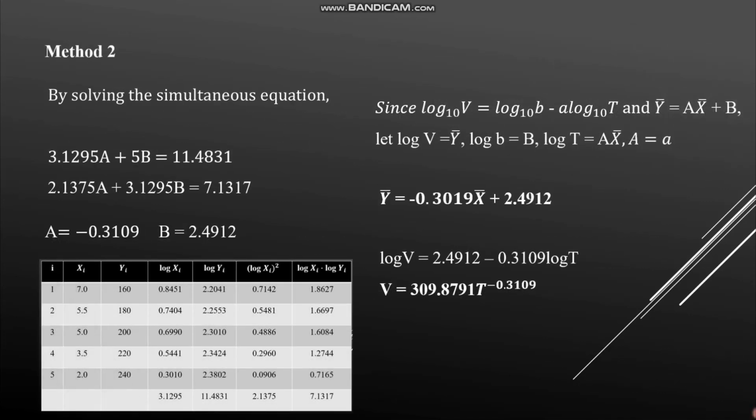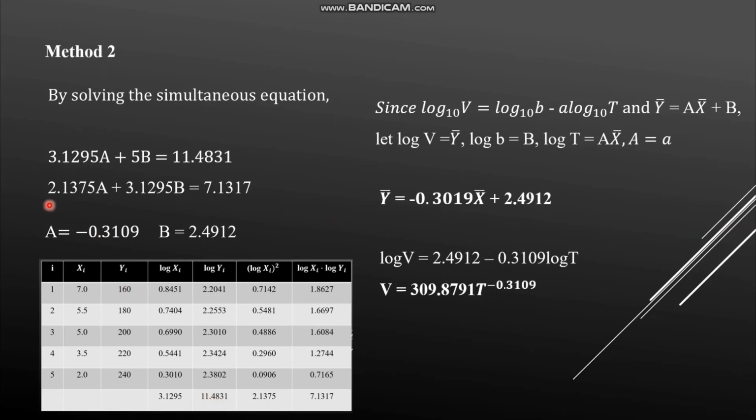So let us see method 2. Method 2 is by solving the simultaneous equations. We form these two equations, where 3.1295 is the sum of log Si, 5 is the number of data, and this value is the sum of log Yi.